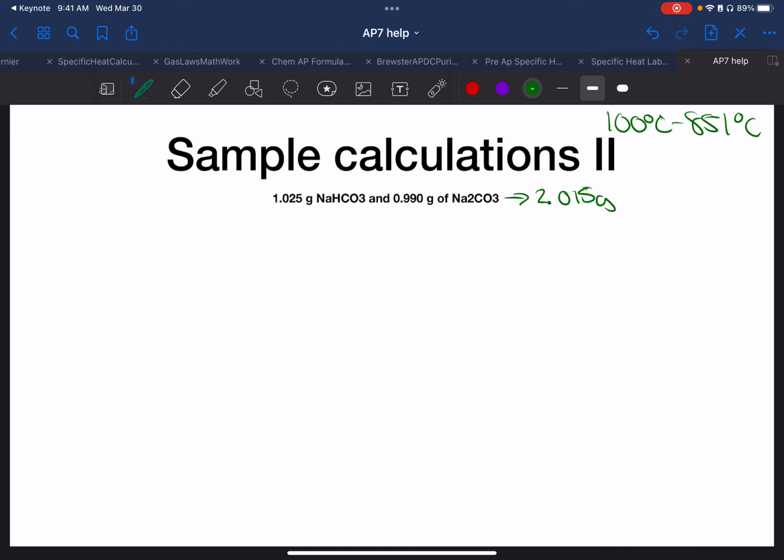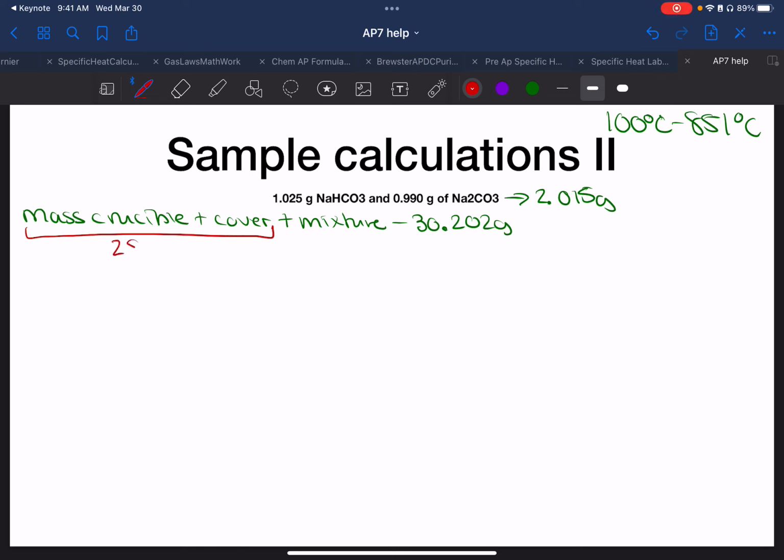Okay, so let's just say I've got my mass of my crucible, if I put a cover on there, great, and the mixture. So before I start heating, I have 30.202 grams, and I know that the crucible weighs 28.187 grams.